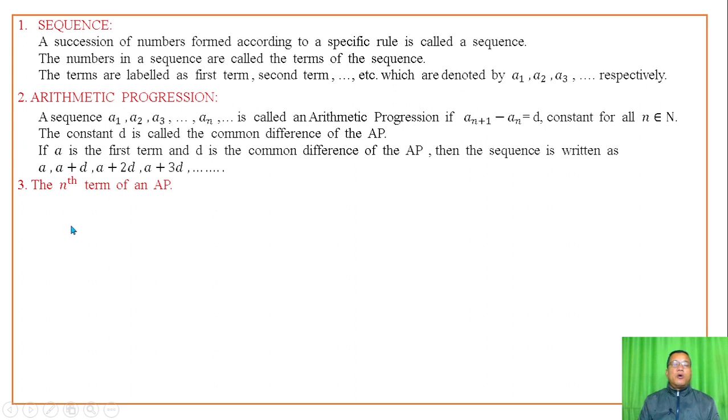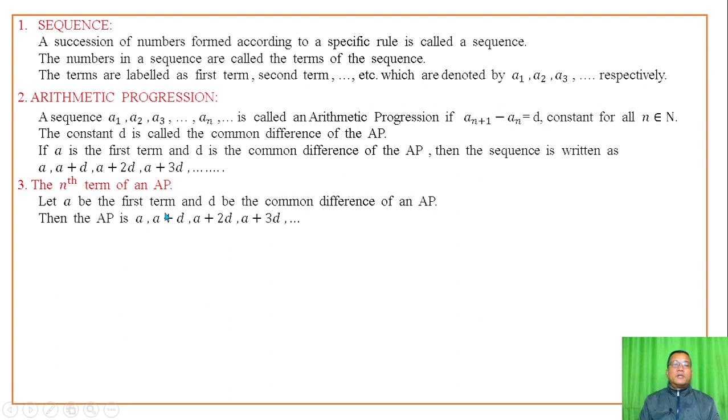The nth term of an AP. Let A be the first term and D be the common difference of an AP, then the AP is A, A plus D, A plus twice D, A plus thrice D, and so on.